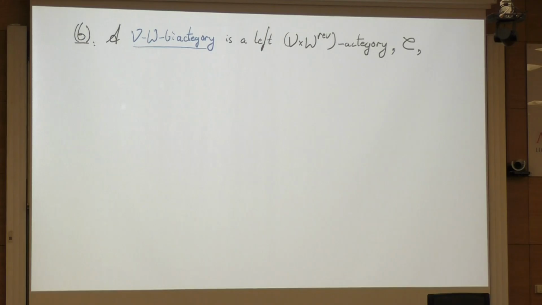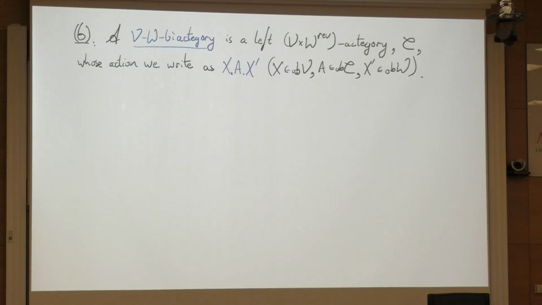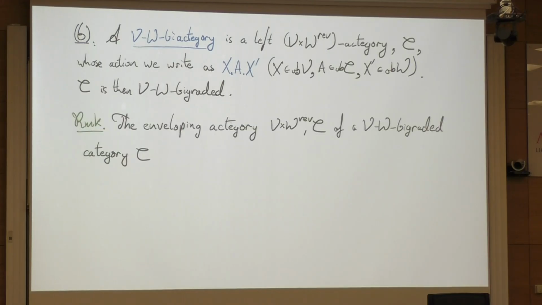And a further source of examples that generalizes some of the above is the notion of V-W biactegory, which we can define as a left V times W rev actegory C. And we then write the action as a two-sided action with the following notation. And then C is an example of a V-W bigraded category.